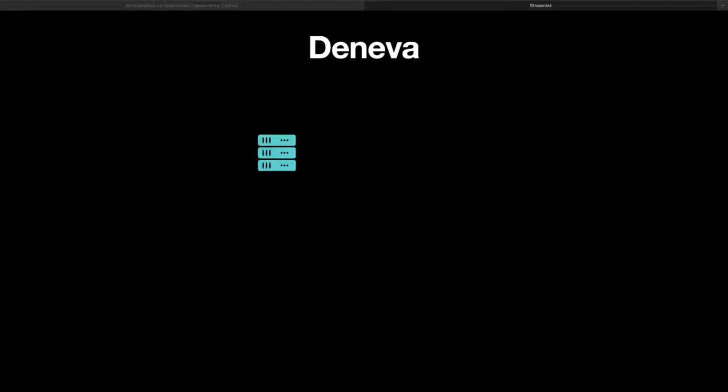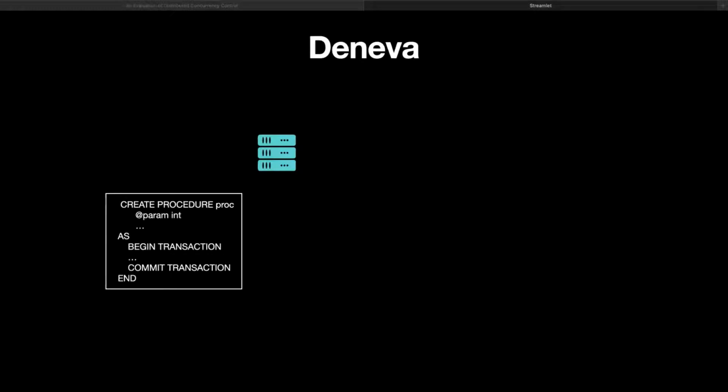So let's dive a bit deeper into Deneva. You have this server. All of these transactions are essentially stored as stored procedures.